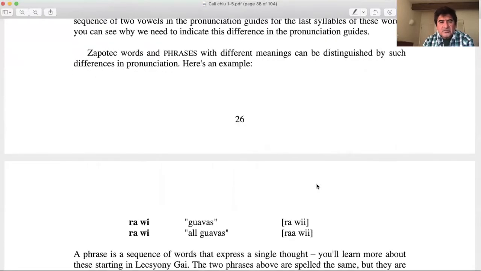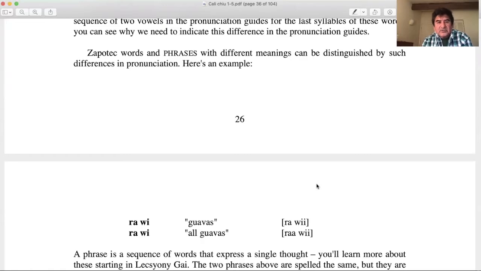Also, just to give you an idea of the different ways in which we pronounce words that are spelled the same, here are the next examples. The first one, where it says wabas and all wabas, the RA in the first sentence is pronounced rawi. So just listen carefully: rawi.